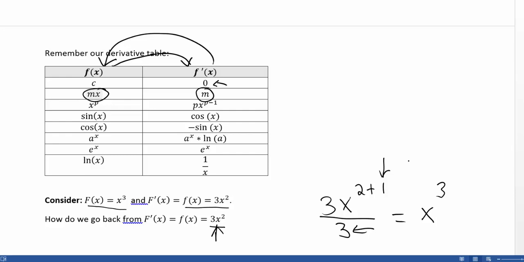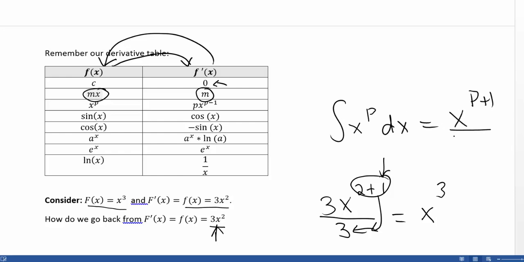that's what will get us back to x cubed. So what does that actually mean we're doing, right? So we're adding 1 to the power, but then notice that the new power is 3, and we're dividing by 3. That's not a coincidence. Turns out that if we want to take the antiderivative of x to the p, some power of p, we are going to add 1 to the power, just like we did before, and divide by the new power, just like we did over here.